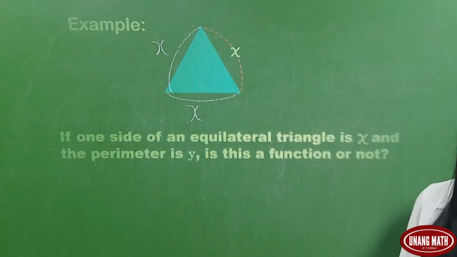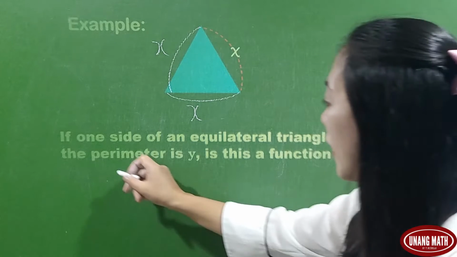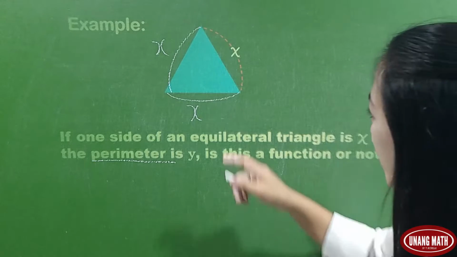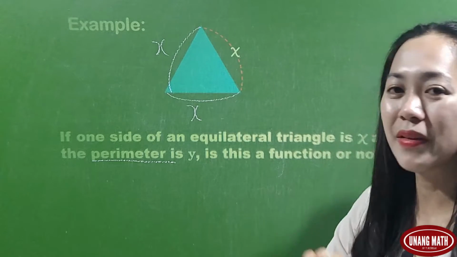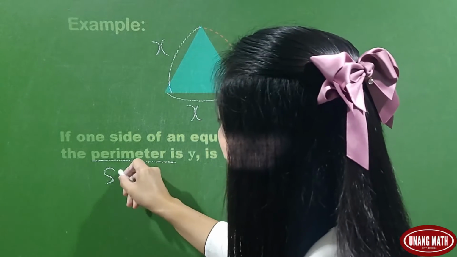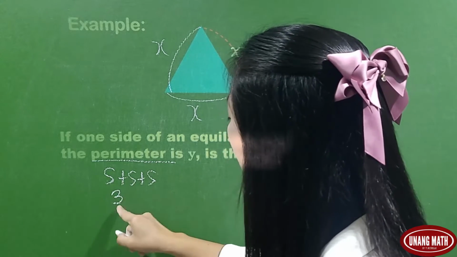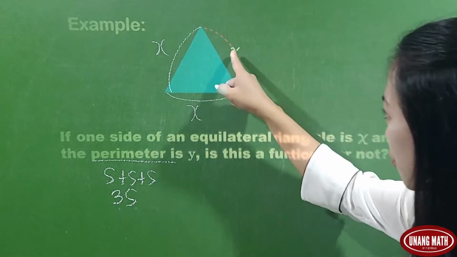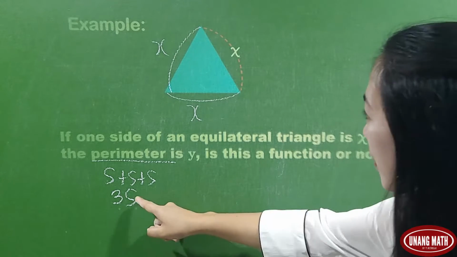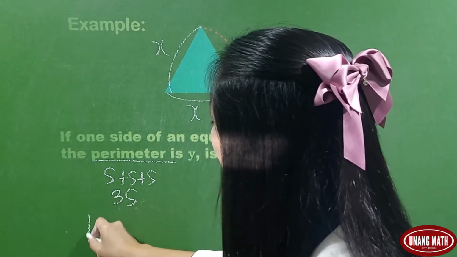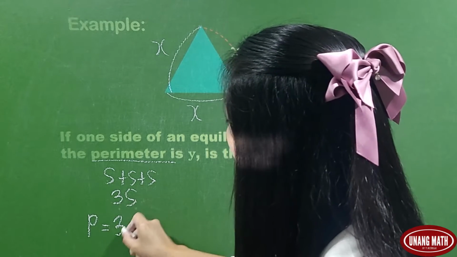So all sides are x. To find the perimeter of a triangle, we just need to add all the sides. So this is side plus side plus side, or 3 times the measure of each side. Since one side is x, the perimeter is 3x.